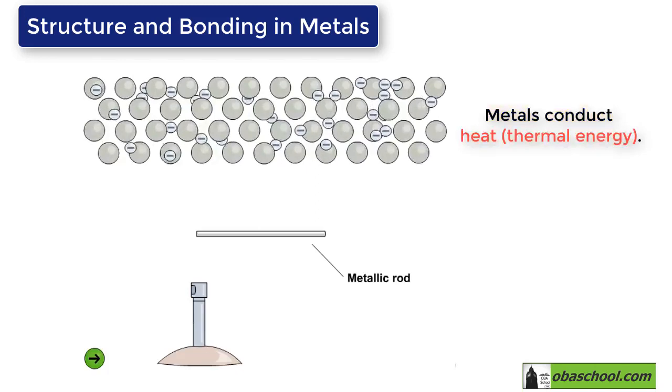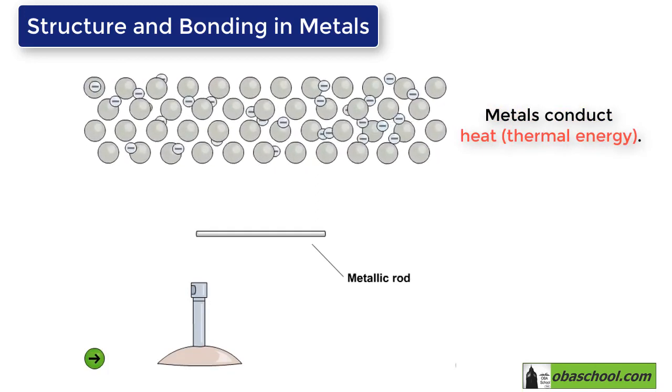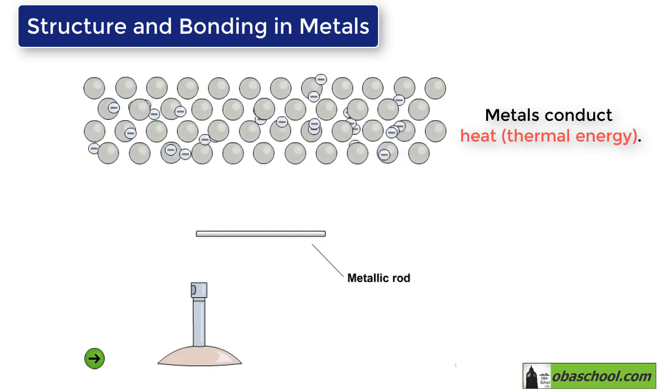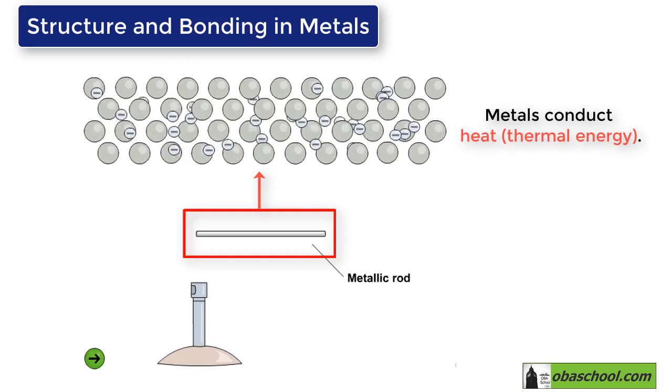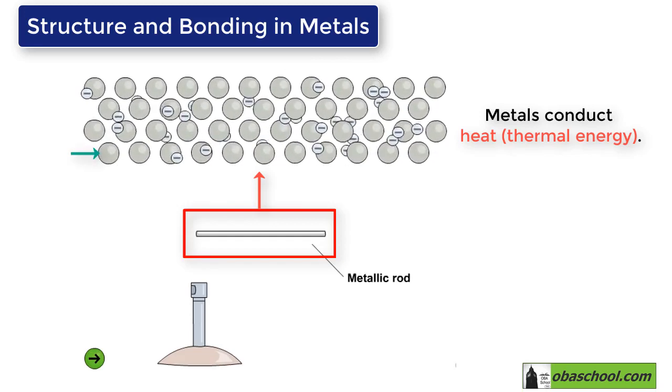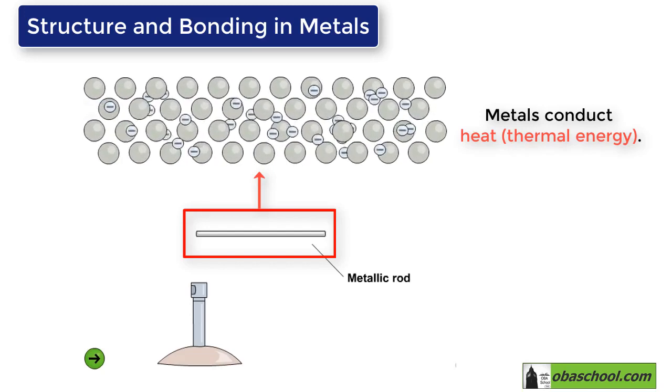Now let's demonstrate conducting heat or conducting thermal energy. This is a metallic rod, and the above diagram is the metal. You can see the metal atoms and also the delocalized electrons moving in the sea of electrons.